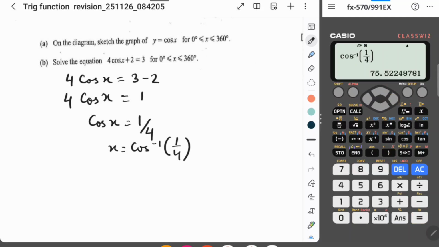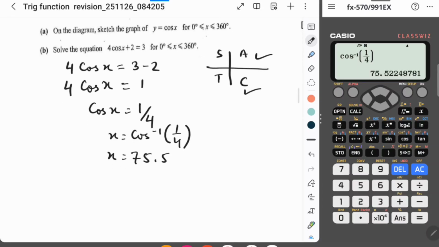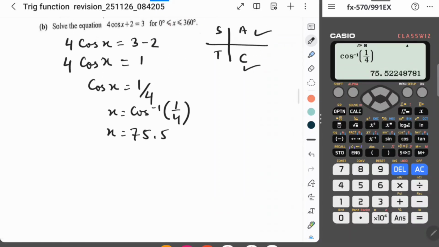Now we are getting 75.5 degrees. As it is positive, cos is positive here and here. So the first angle is 75.5 and the second angle is 360 minus 75.5 degrees. So you will have 360 minus 75.5 degrees, that's equal to 284.5.